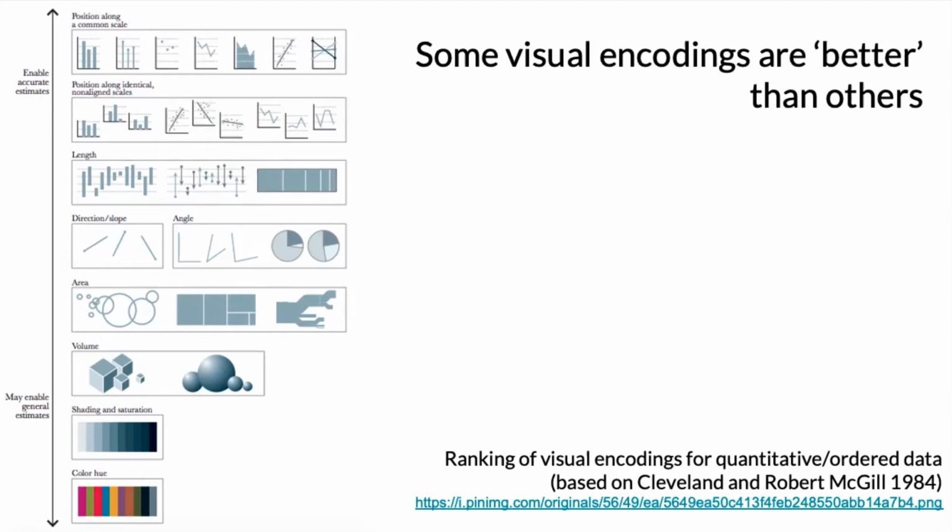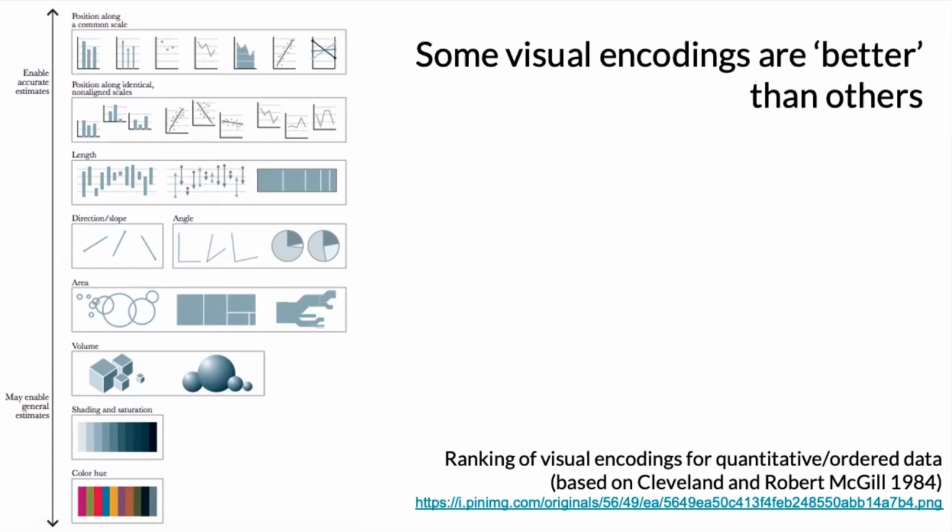Essentially, we are much better at judging differences in position or in length than we are at judging the differences between angles or areas or colors, just because of how the human visual system works.